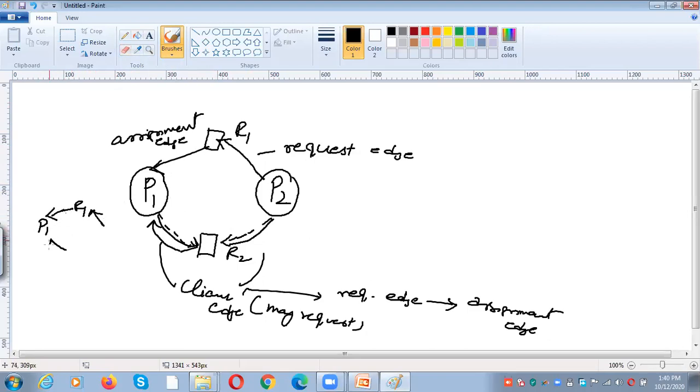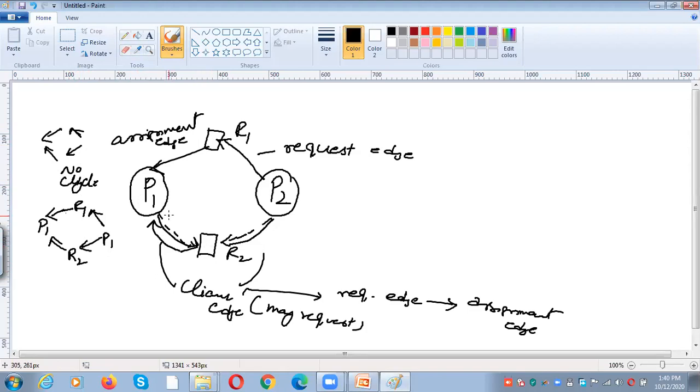R2 is also allocated to P1. And next P1 is requesting R1 and R2. So there is no cycle now. This is not a cycle. So no cycle. So we can assign R2 to P1.